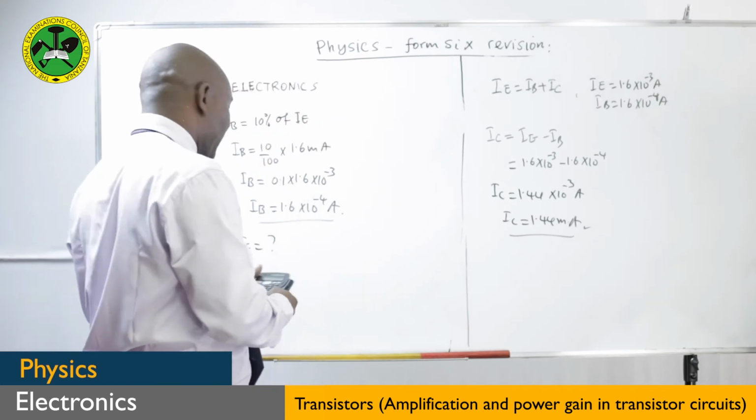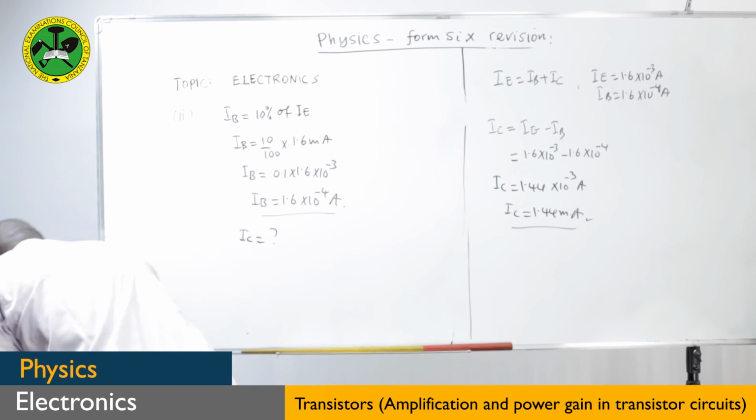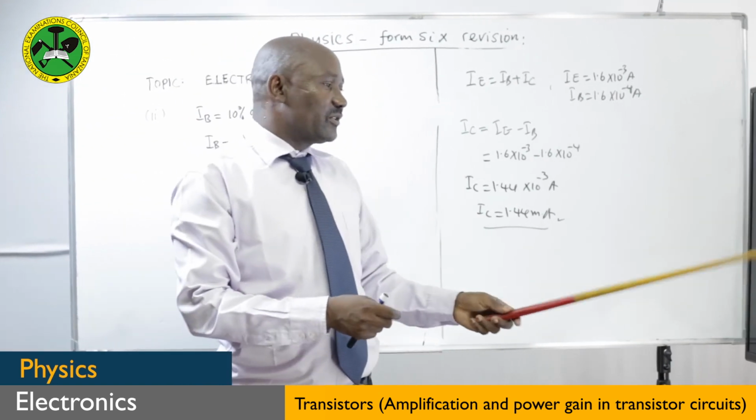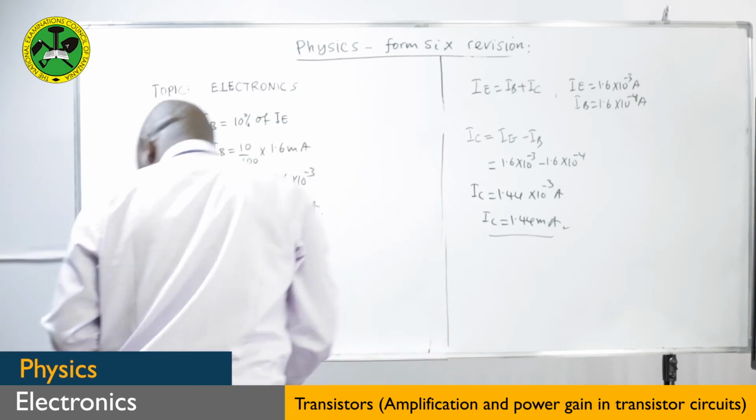Part B you can now take as part of your exercise. It's the same question with the same arrangement, but we are told that the collector current is given as 10 milliampere. If 90% of electrons are able to reach the collector, what is the base current? Very interesting. Let's do it together.